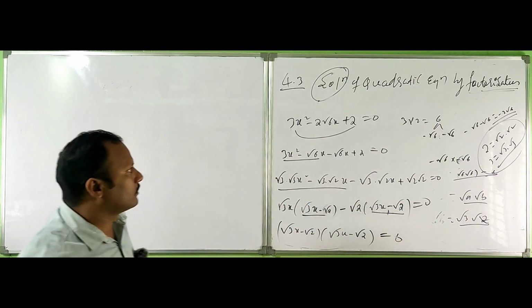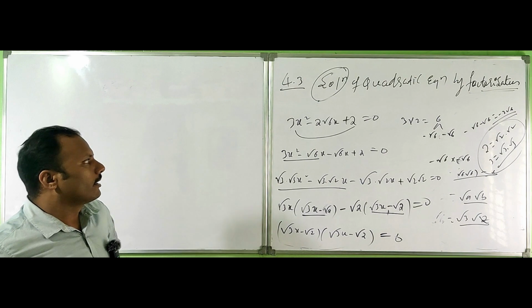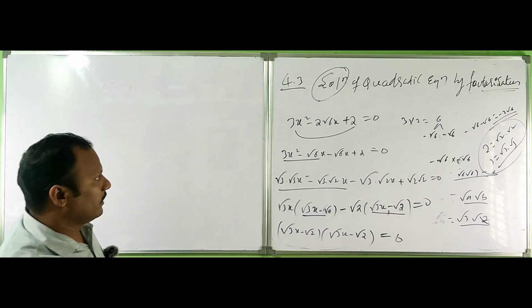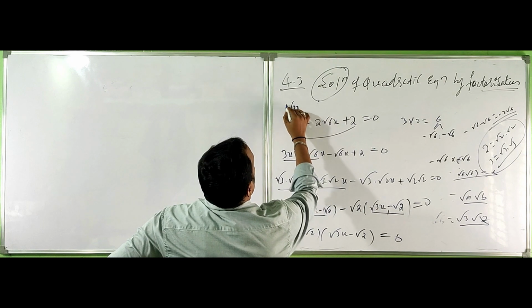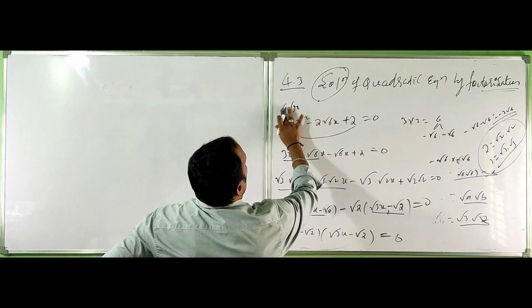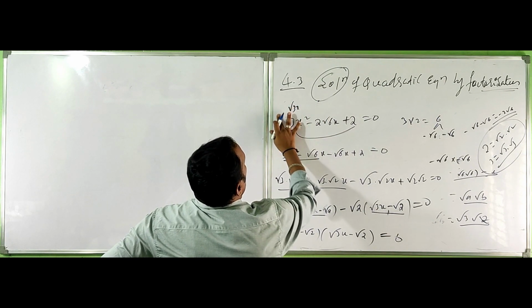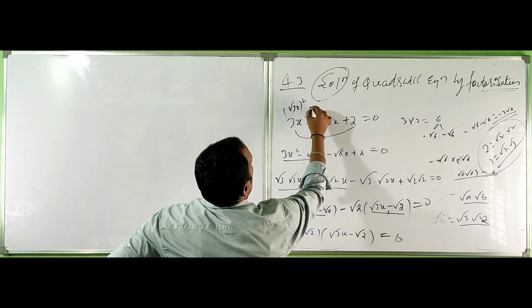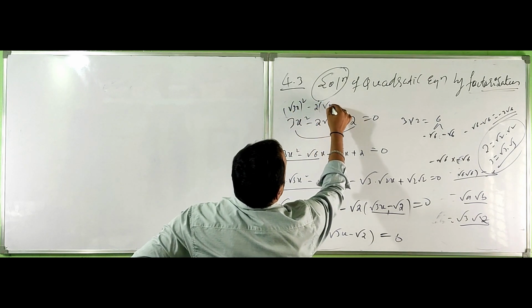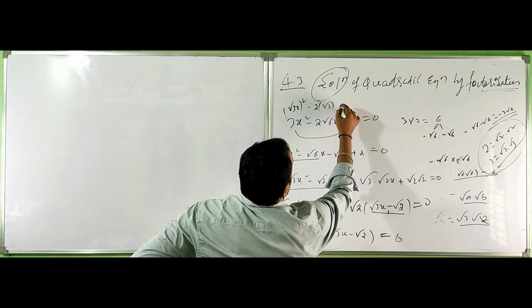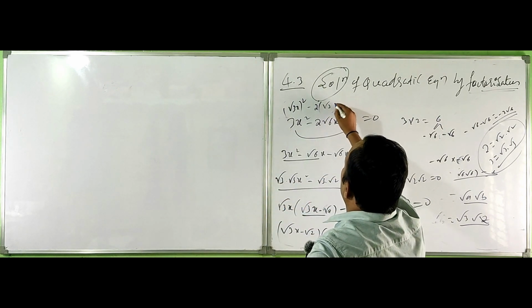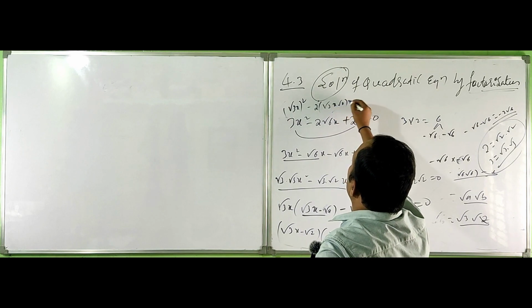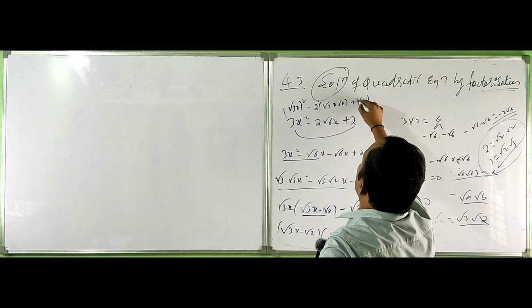Here you can do it also with a square minus b square. Okay, this is like that. Root 3x square minus 2 into root 3x into root 2 plus root 2 whole square.